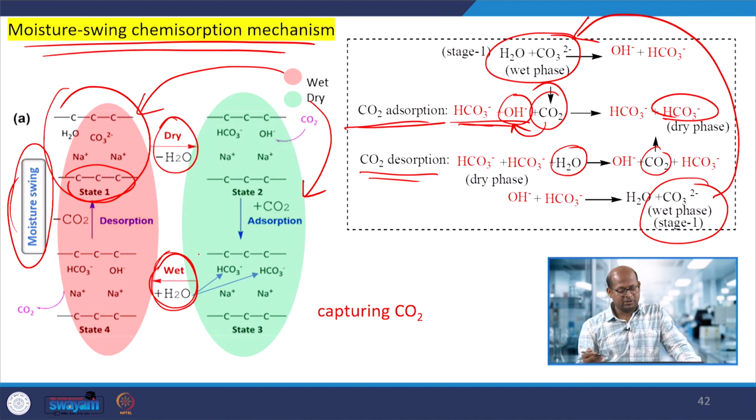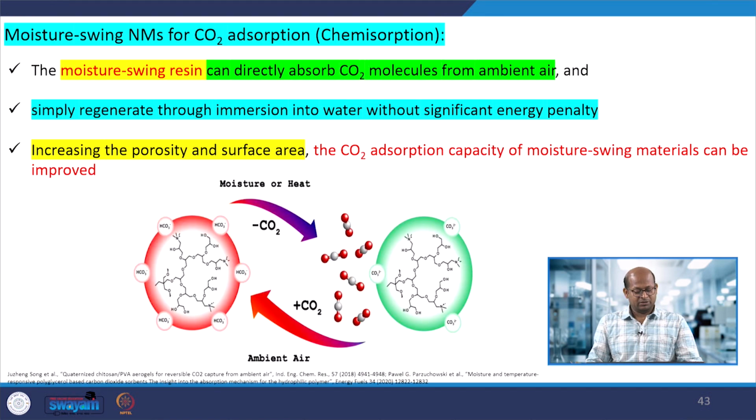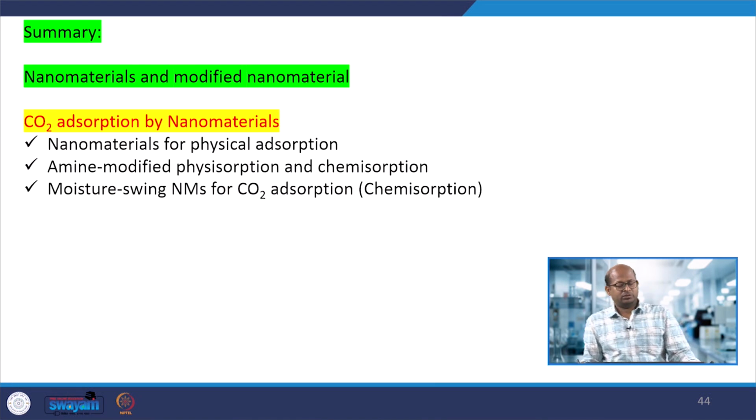By that way, through this moisture absorption desorption process, we can capture CO2 through this chemical mechanism. This is a chemical mechanism, since chemical bond formation is there for the capturing of CO2.